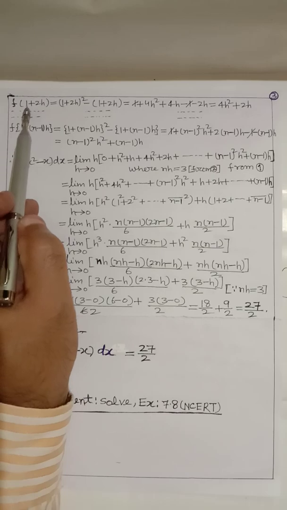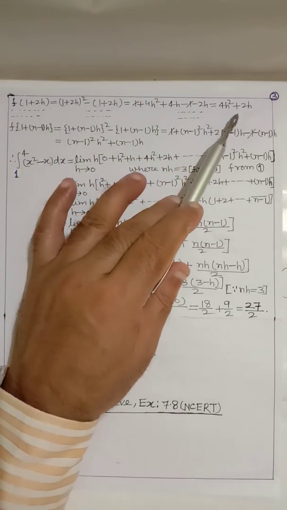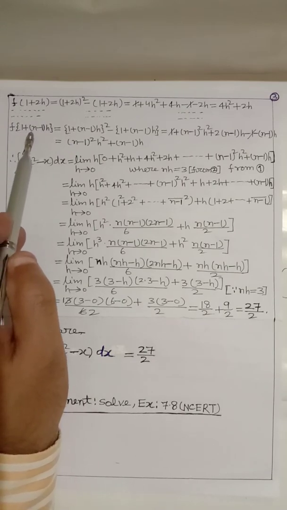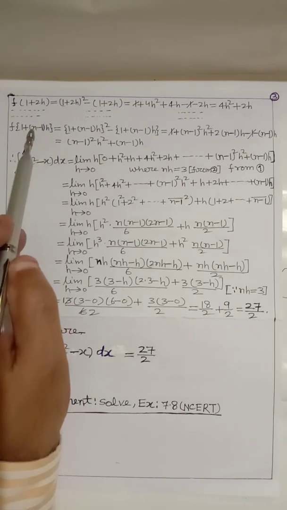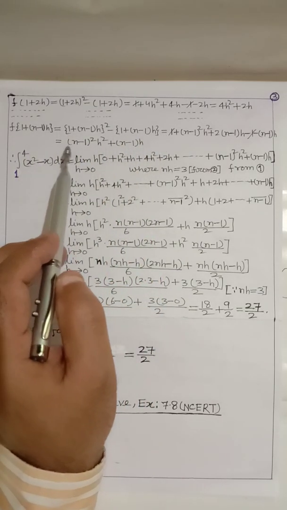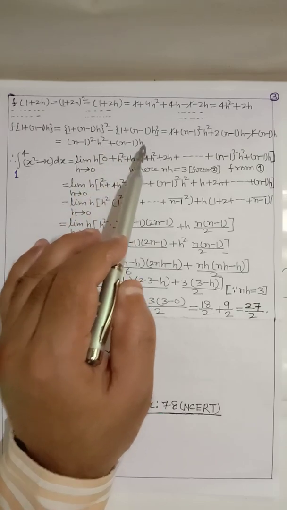Similarly, f(1 plus 2h) is equal to 4h square plus 2h, and so on. To find f(1 plus n minus 1 h), we solve and get n minus 1 whole square h square plus n minus 1 h.